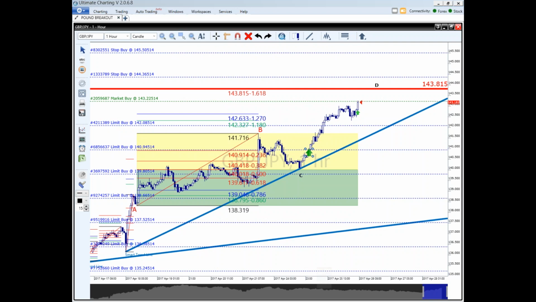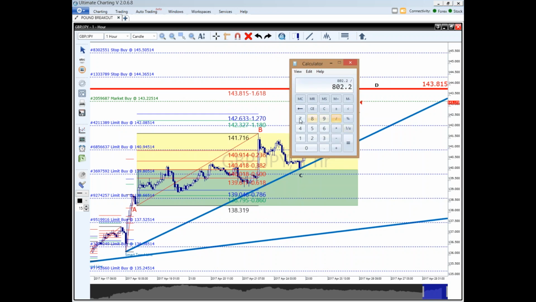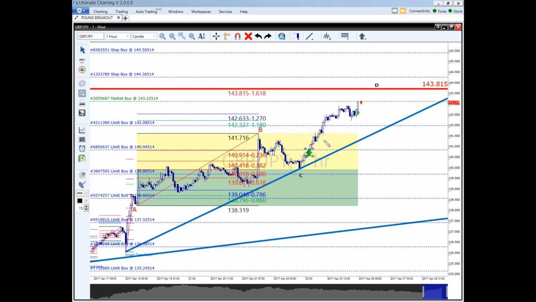114 pips here. Size back in, 114 pips here. So far from C to D, we would have made 114 pips twice.